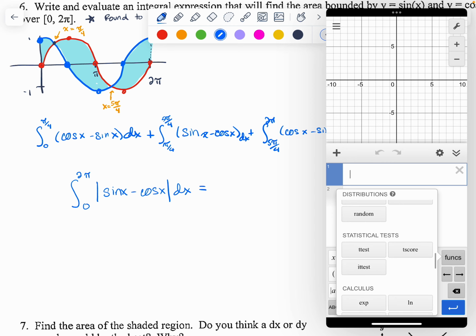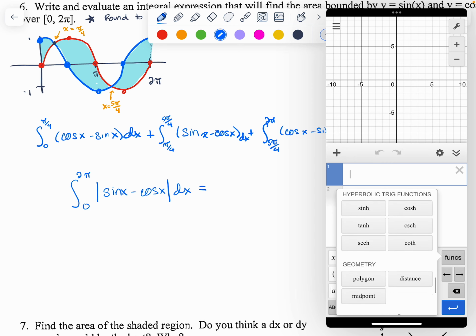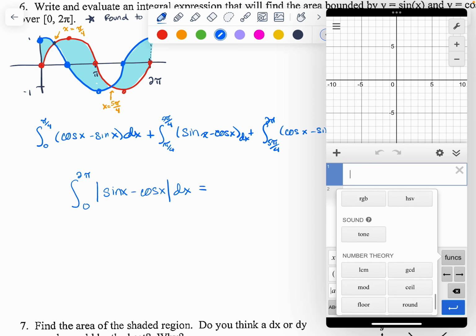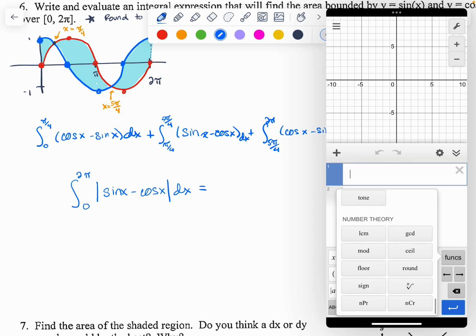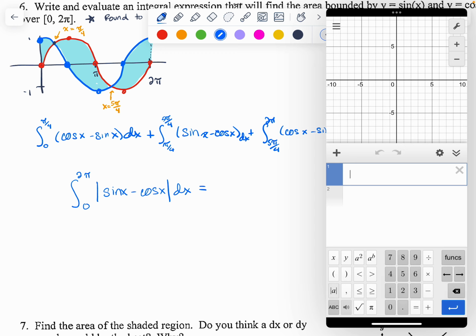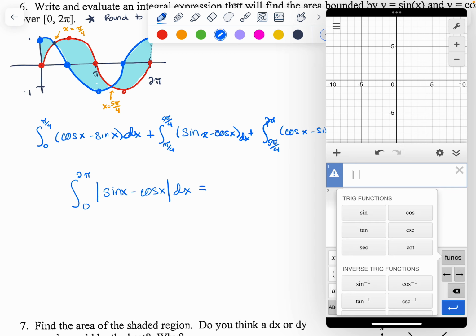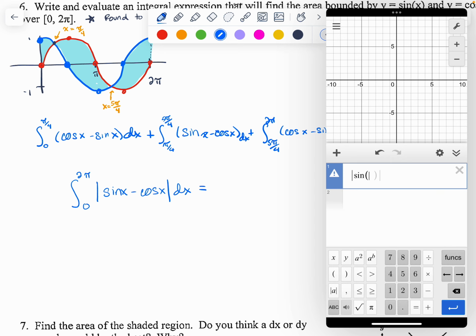Okay, so let's find my absolute value. Oh, absolute value right there. Sine of x minus cosine of x.